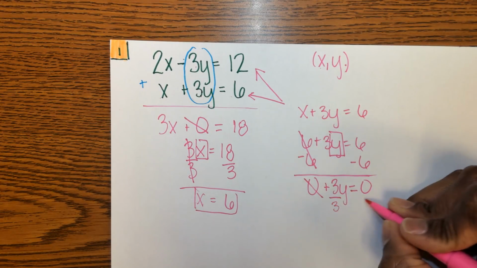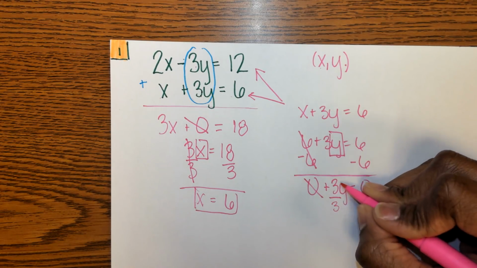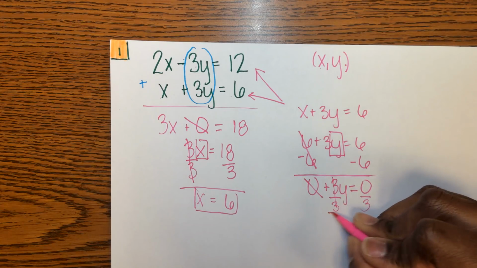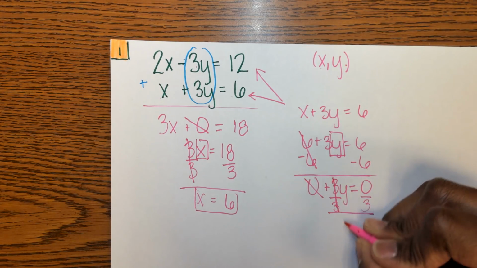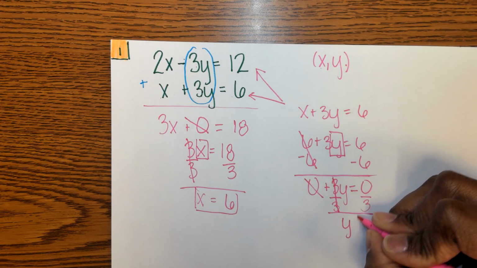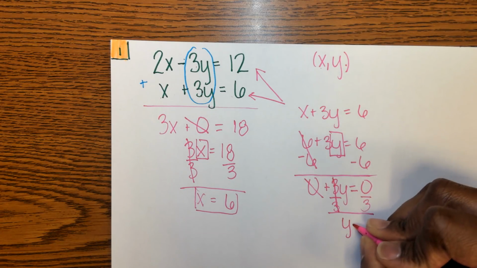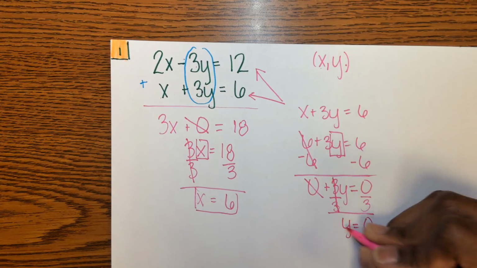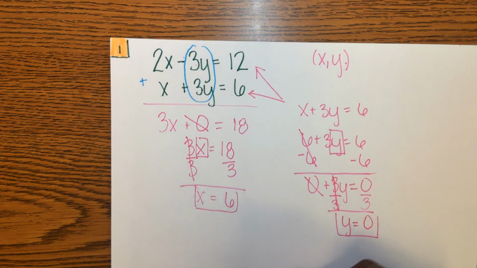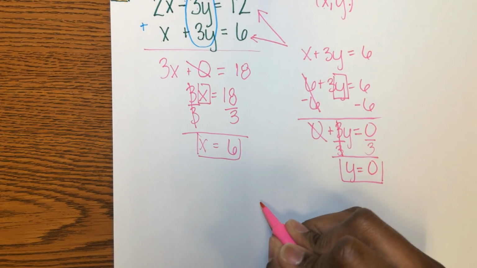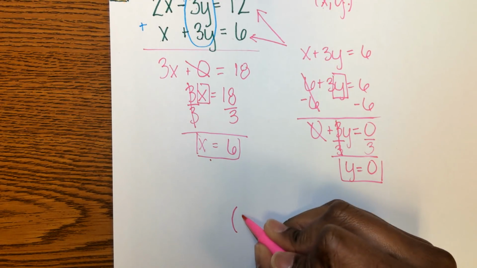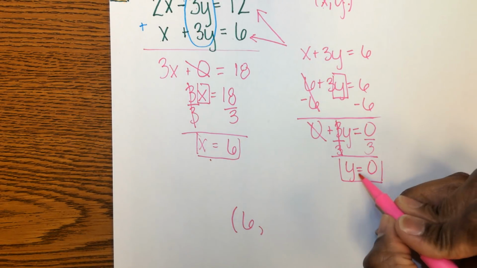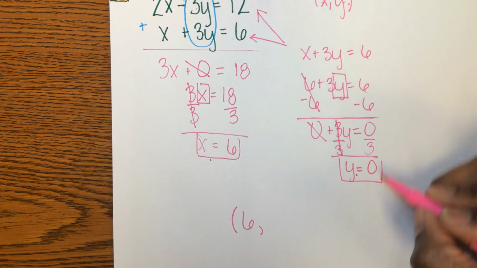To get the y by itself, I'm going to divide by 3. My 3's cancel out, so I have just y, and 0 divided by 3 is just 0. So I've got my x and my y, and my solution, remember it's in the form (x, y), is x is 6 and y is 0.